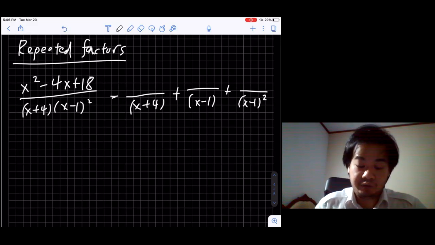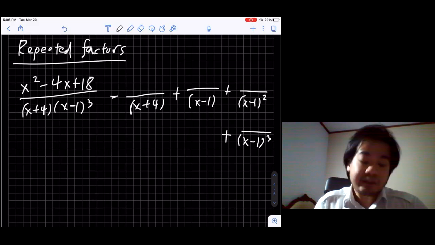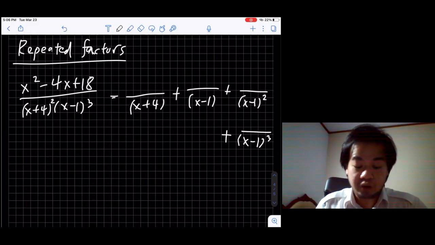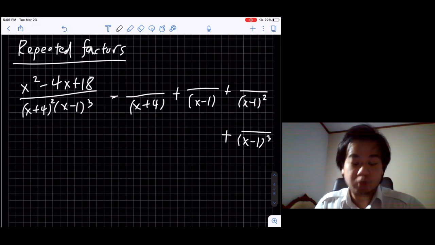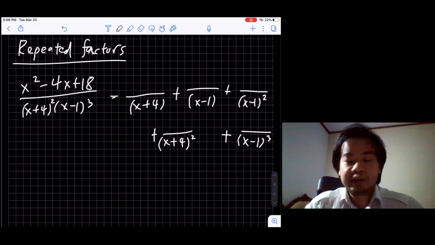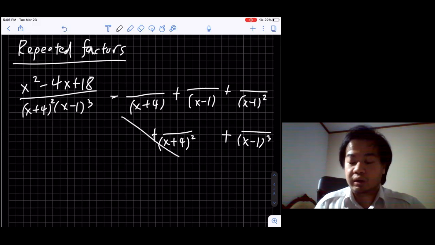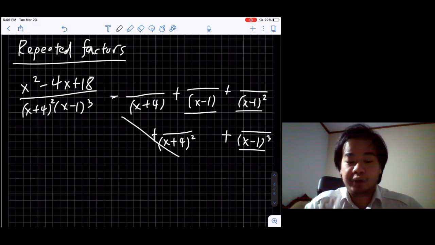For example, if there are 3 of these, you need to add 1 more, which is (x minus 1) to the power of 3. Again for example, if it's (x plus 4) squared and (x minus 1) cubed, there will be 5 fractions. It always follows the repeated powers: (x plus 4) squared, you have 2, and (x minus 1) cubed, you have 3. I hope you understand that.